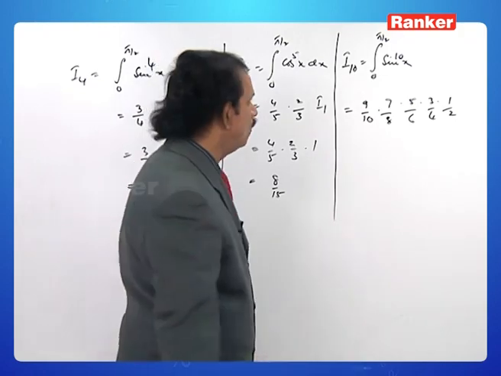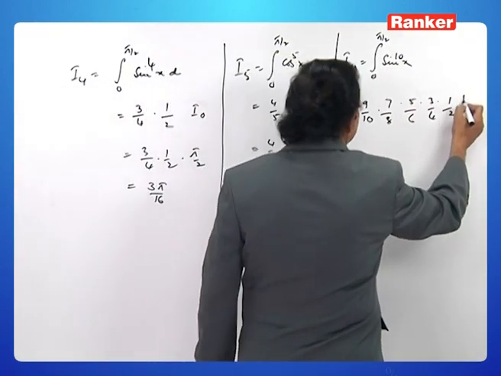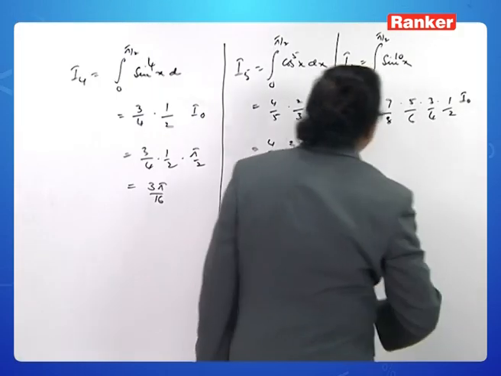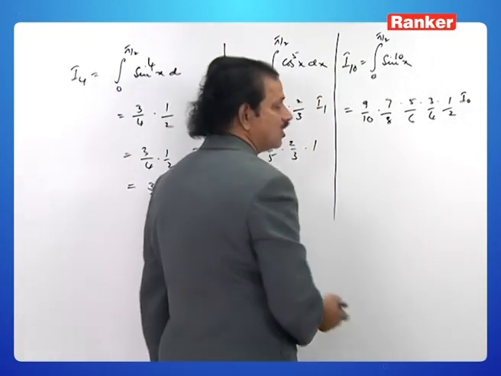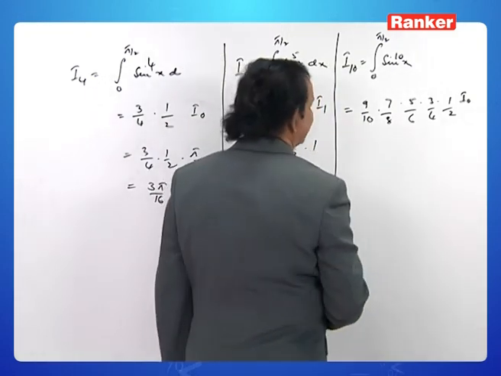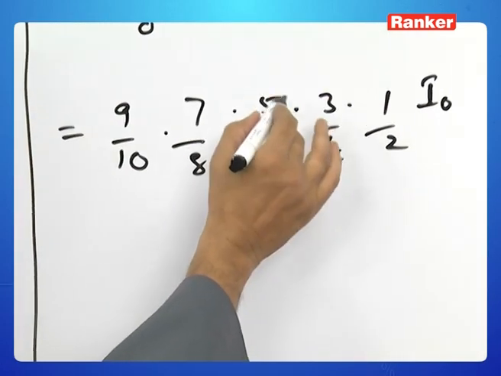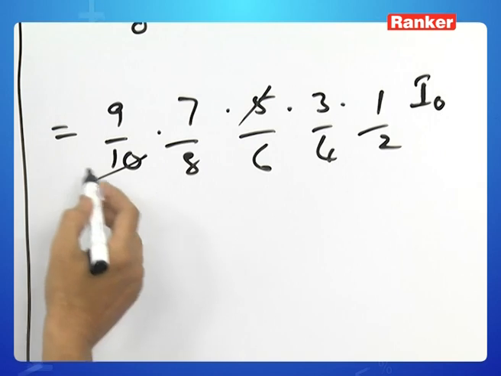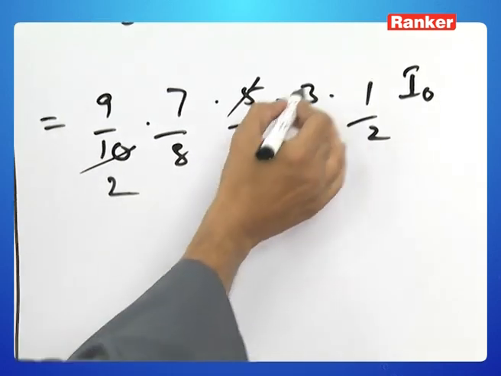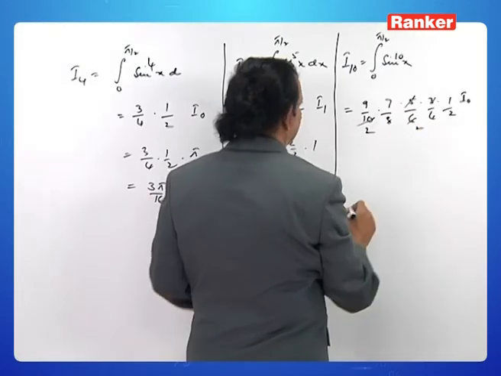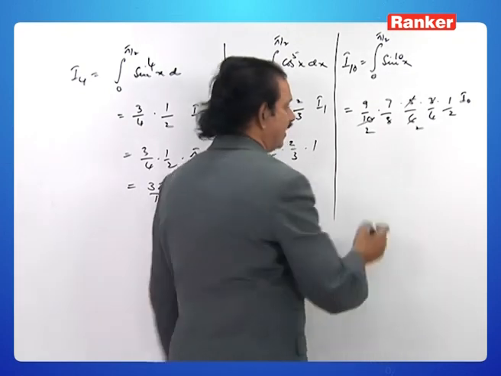You stop there. Well, what is n? Even. Hence you have to take I0, which is of course pi by 2. Meanwhile, you can cancel some things here. Any possibility to cancel? 5 goes 2 times. 3 goes 2 times. No more cancellations.